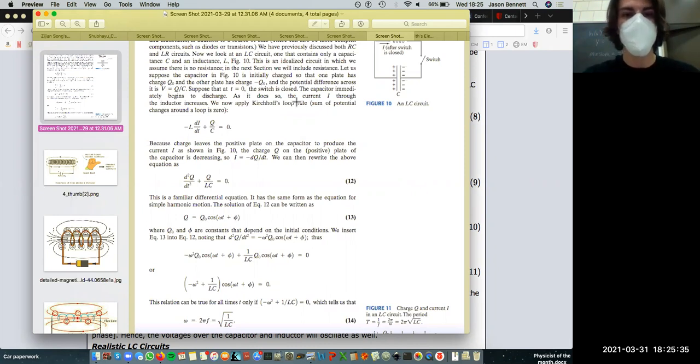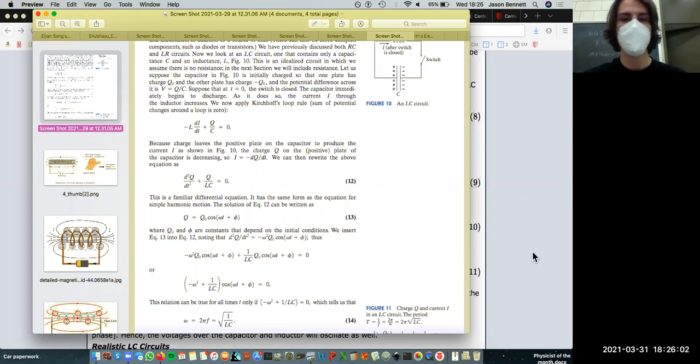Again, to me, this is not a familiar differential equation. I just wanted to pause on things like this to give you an idea of how these derivations work, because for me, honestly, up until now, these are non-trivial. I understand them now, but it took me quite some time.